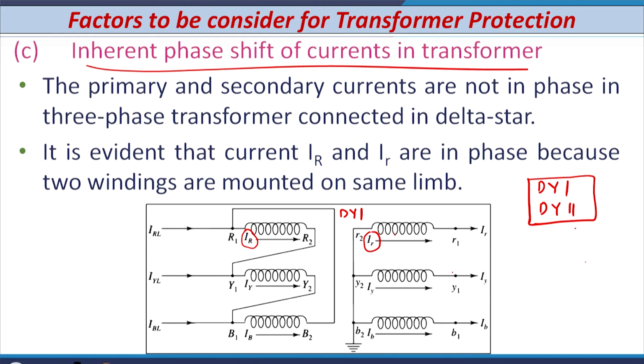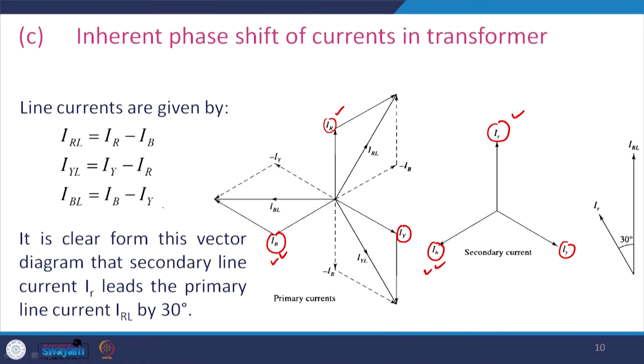However, if I look at the current IRL, it is nothing but, from this point, if you measure, IR minus the current available from the B phase, that is IB. So, IRL is nothing but IR minus IB. If I draw a vector diagram for IRL, it is IR minus IB. So, your plus IB is here.